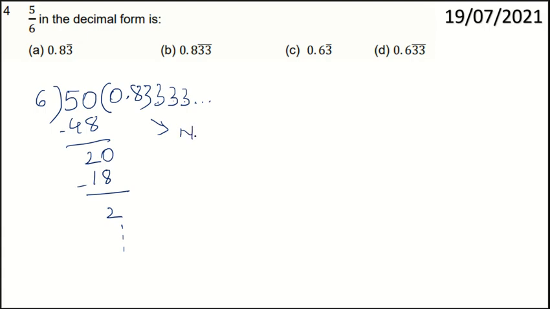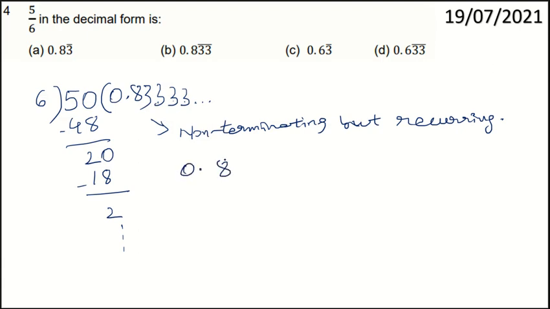So it is non-terminating but recurring. We have such recurring numbers. Here you could observe 3 is repeating, which we can write as 0.83 with a bar on the 3 alone.